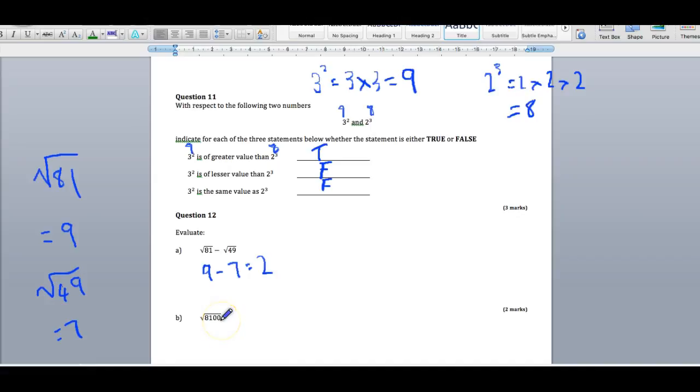Question B, we've got a larger number, the square root of 8,100. But the 81 should give you a hint. Well actually we did it here, didn't we? Square root of 81 is 9.